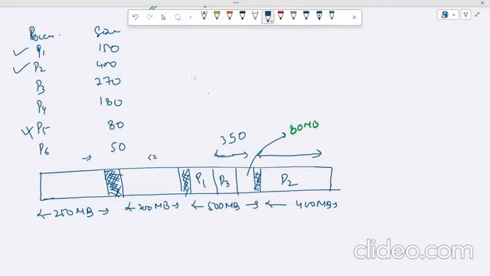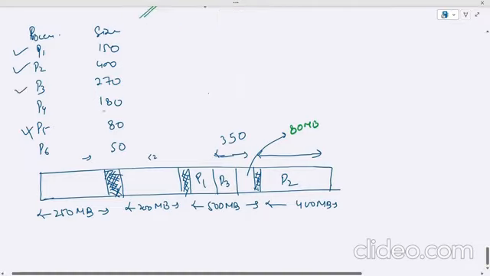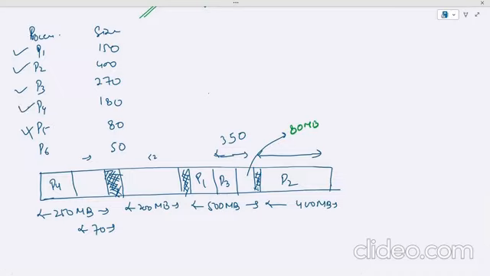Now P3 is completed. Next is P4, which needs 180. First of all, see the highest block. It's the first block, which has a very high space. So P4 needs 180, and definitely we have to put P4 over here. The space left is 70 MB. Next is P5, 80, and the highest space is only the third block.